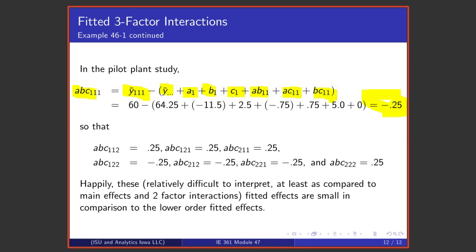That turns out to be minus 0.25, and then I can go from that to any other fitted three-factor interaction by just making sign changes. So if I want to go from this to ABC 112, that involves one sign change, so I go from a minus sign to a plus sign. To go from 111 to 122, that involves two changes of indices. That's two sign changes, and I'm right back where I started.